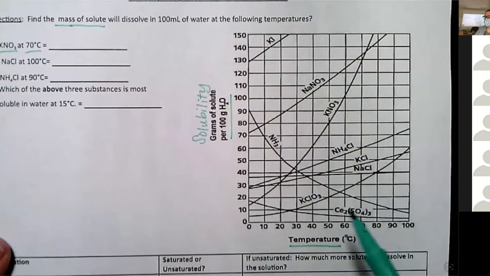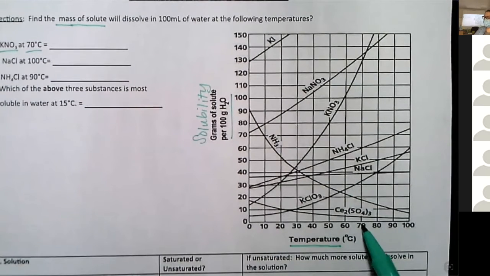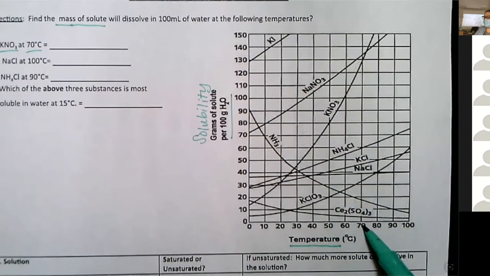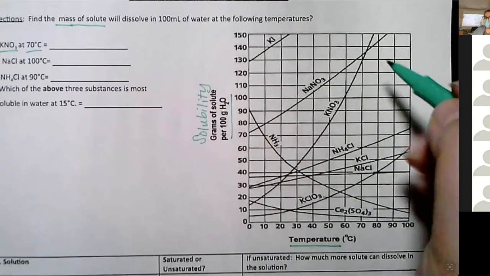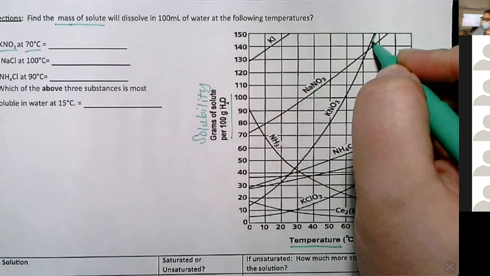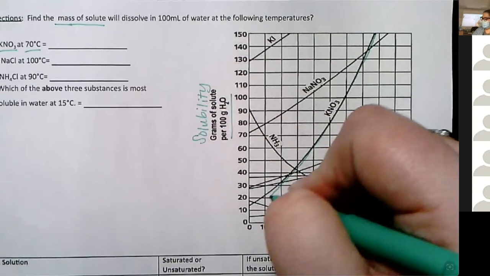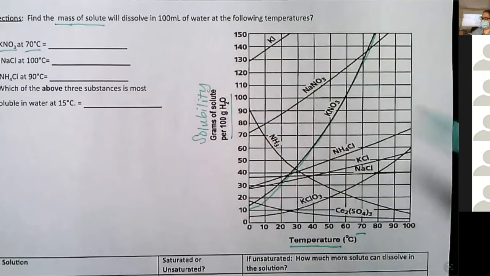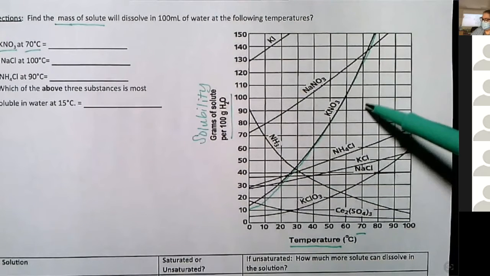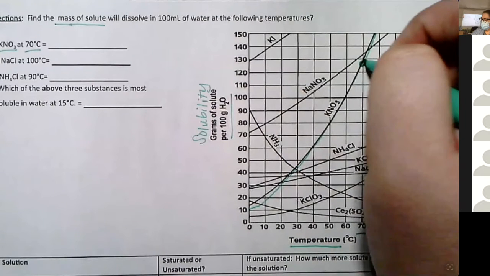We're going to find 70 degrees, it's right here. Then we're going to travel up this line until we find the curve for KNO3, which is right there.